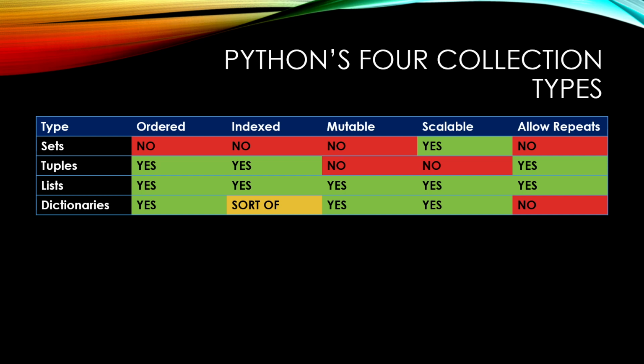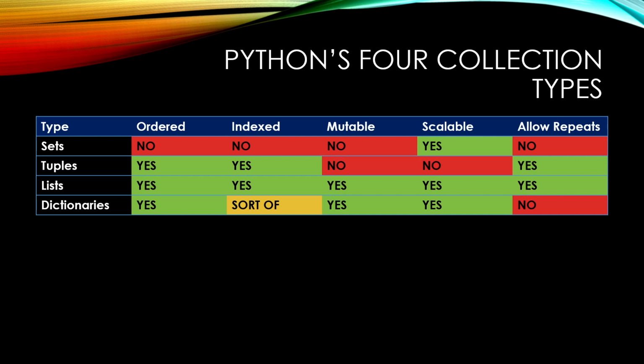So we can't easily reference a single value in a set. We can use the membership operator, though. It also does not allow repeats. Everything in a set must be unique. And lastly, it is scalable. We can add new stuff to a set. And we're going to see that in later slides.